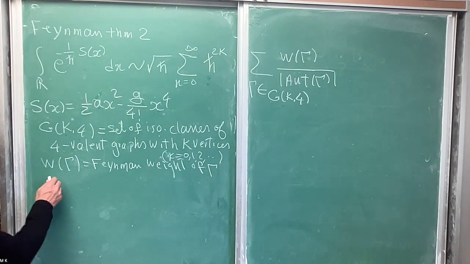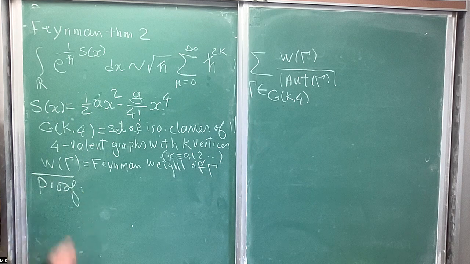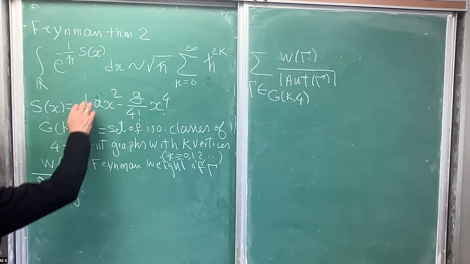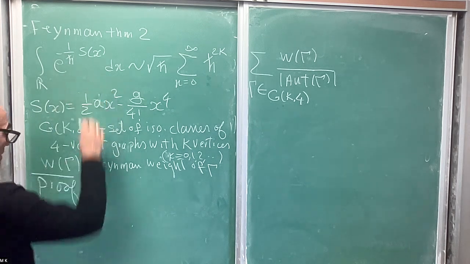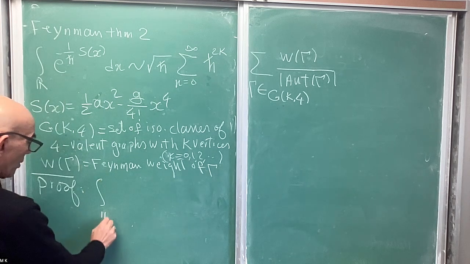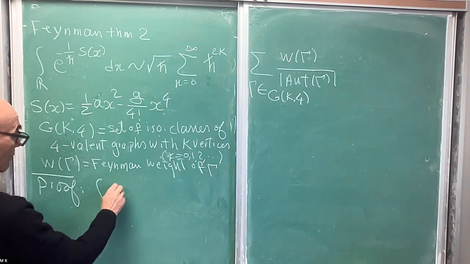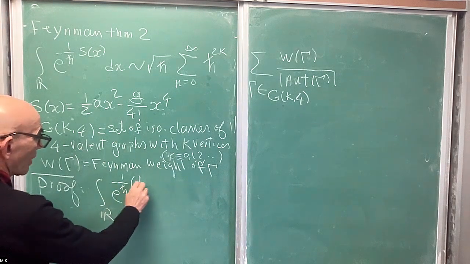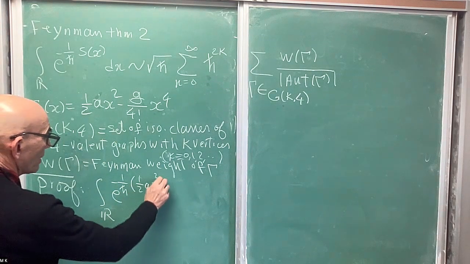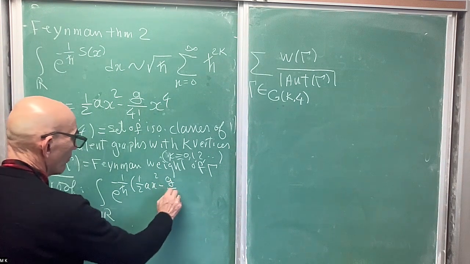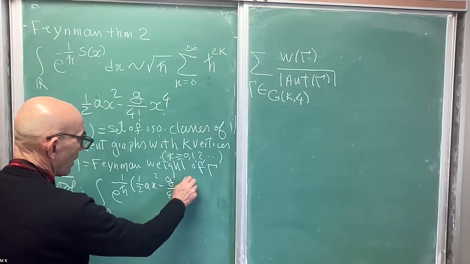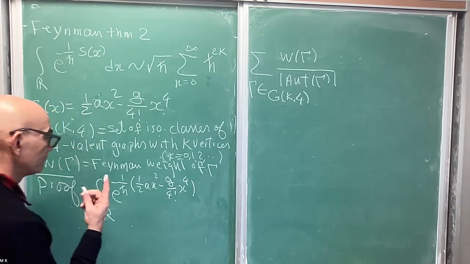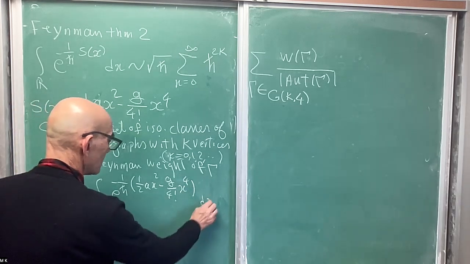So now, what's the idea of the proof? Well, first of all, we know that there is this asymptotic expansion of the integral over R of exponential minus 1 over h bar, 1/2 a x squared minus g over 4 factorial x^4, dx.